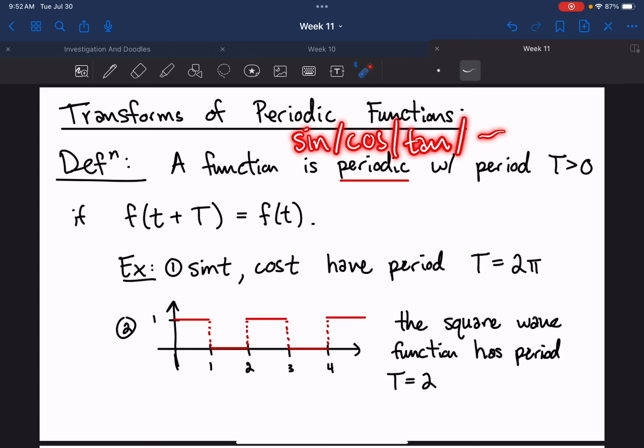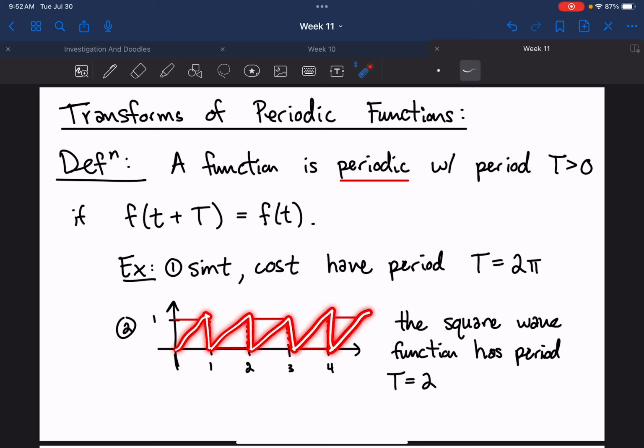And there's also square waves, sawtooth waves, extreme sawtooth waves. Things that look wave-like are periodic functions, right? And the period is how long it takes to repeat a single cycle.